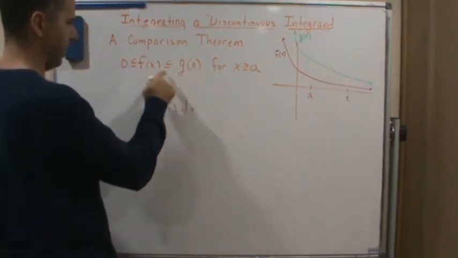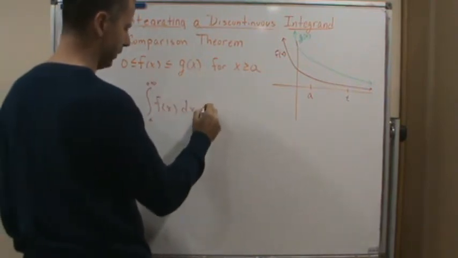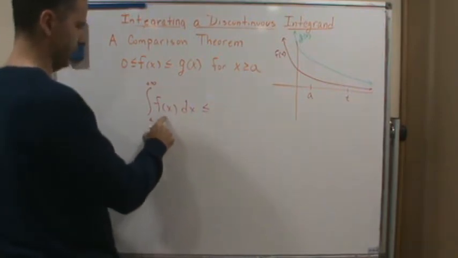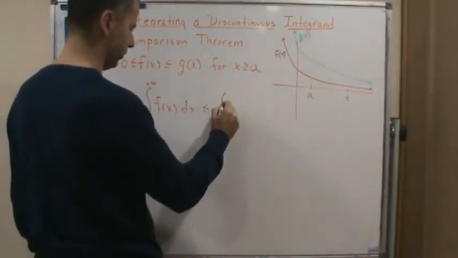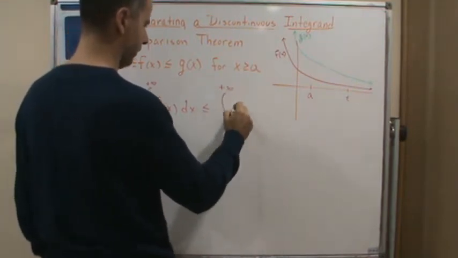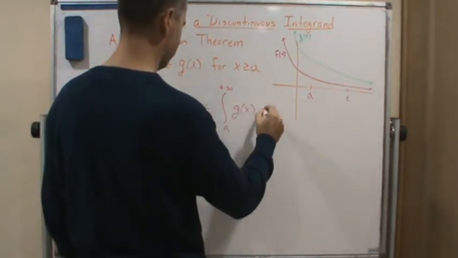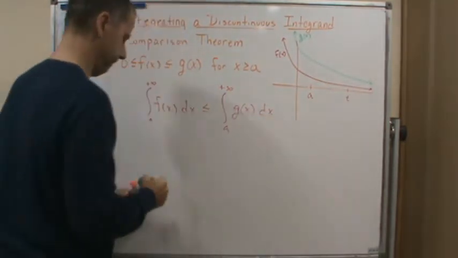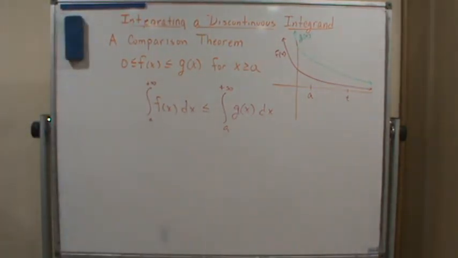If f of x is less than or equal to g of x, then we also know that the integral of f of x dx is less than or equal to the integral from a to positive infinity of g of x dx.